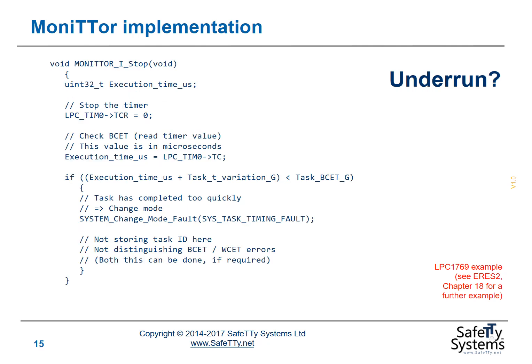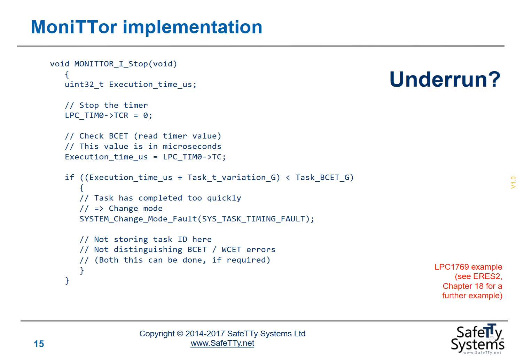This is the stop function, which is called every time a task completes to determine whether the task completed too quickly and whether we have an underrun situation. So we stop the timer, we read the execution time, and then we check whether the execution time is less than the best case execution time limit, allowing for the timing variation.